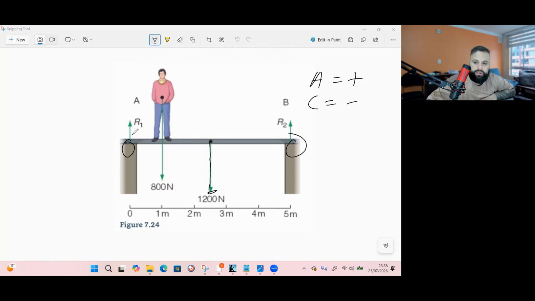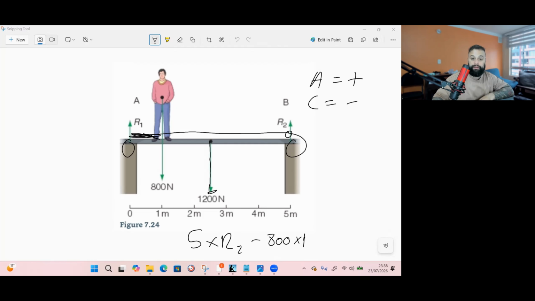So if I want to do the anti-clockwise, I'll get that distance over there, which is 5 meters times R2. And if it's in equilibrium, I should minus the distance from R1 to the man, which is 800 newtons times 1 meter, and also this one over here, which is the distance from R1 to the midpoint.